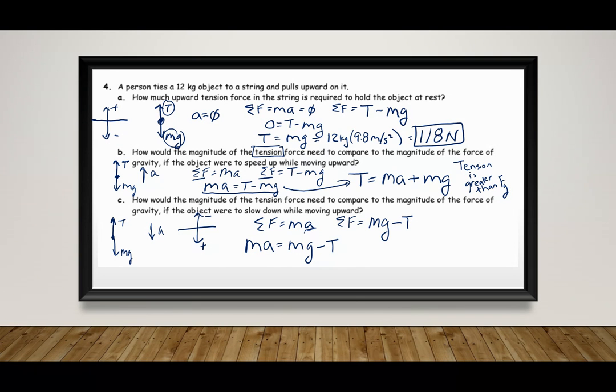If I rearrange this equation, I get tension is equal to mass times gravity minus mass times acceleration. So in this case, tension is less than mass times gravity. Okay, hopefully that makes sense.